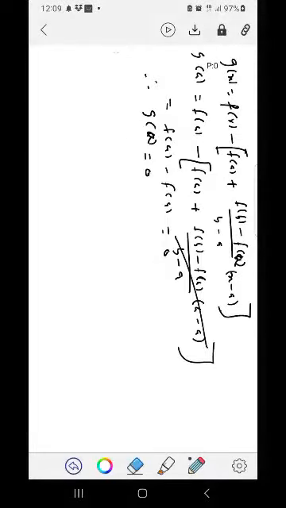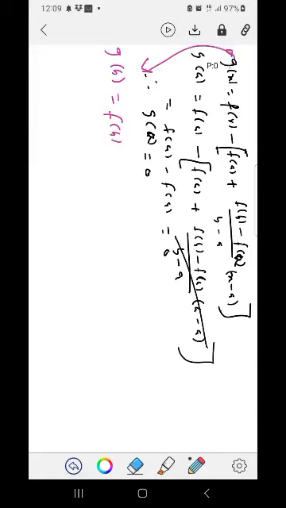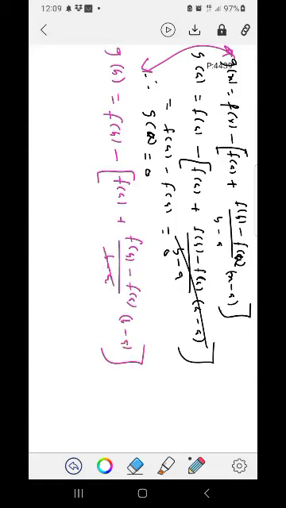Okay, so G at B will be F at B. What I'm doing is putting B into wherever I see X in that first equation. So F at B minus, you open this bracket, F at A plus F at B minus F at A over B minus A into B minus A. There's a B minus A here and there, so I can cancel out those two.